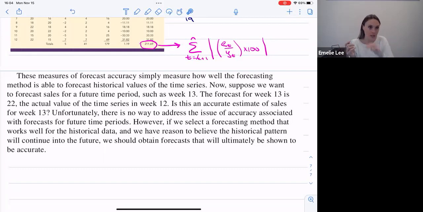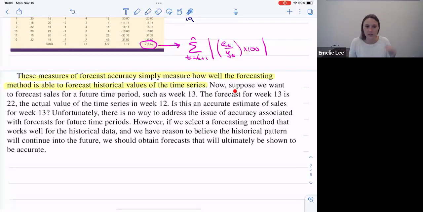I just want to highlight that these are really just talking about how well it did with the historical data.